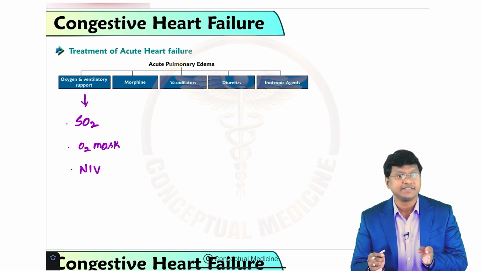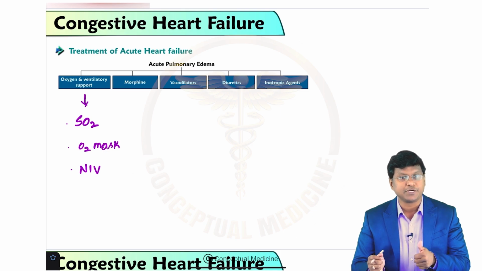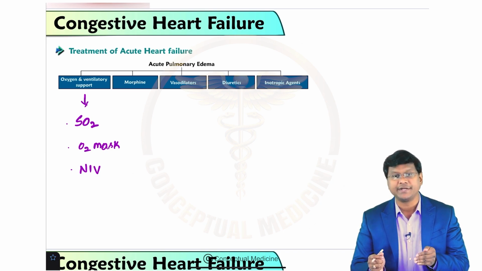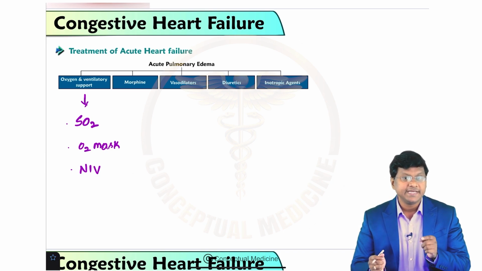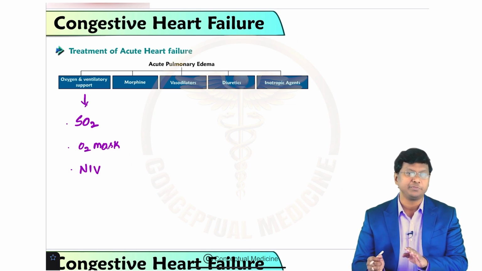Non-invasive ventilation. This non-invasive ventilation is by continuous positive airway pressure. The use of continuous positive airway pressure in acute cardiogenic pulmonary edema is associated with significant reduction in the need for tracheal intubation.